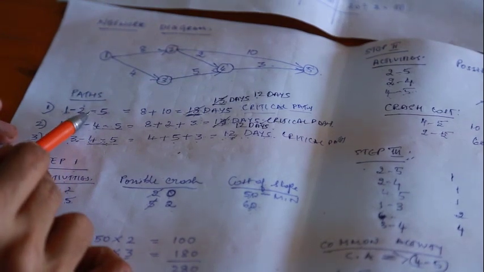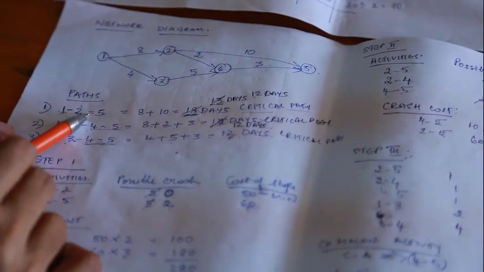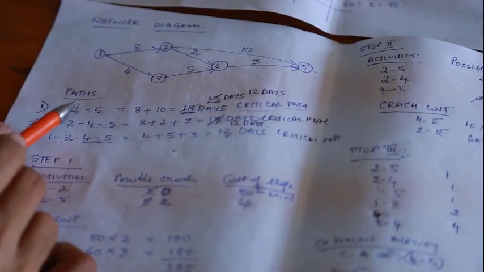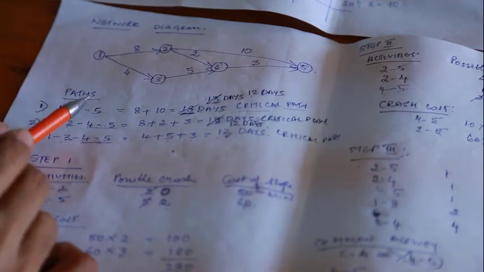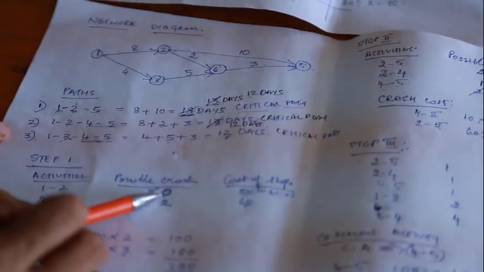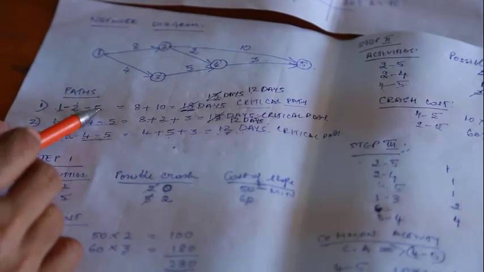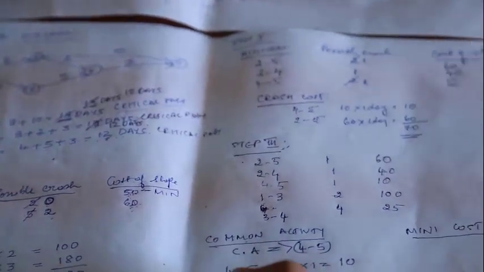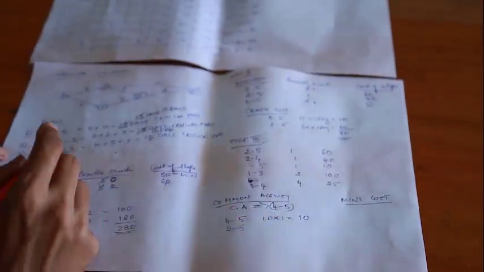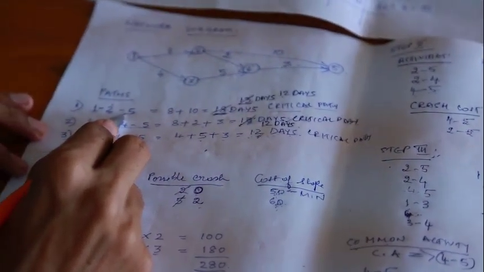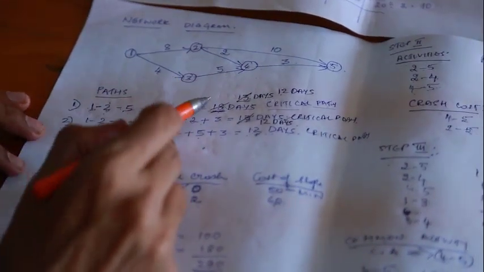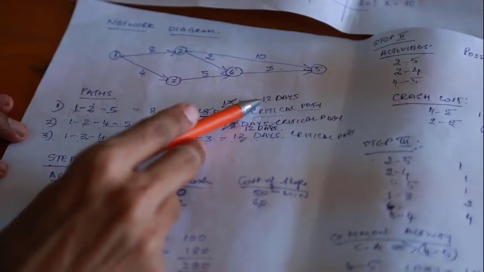The next path is the path number 1. Either it should be 1 to 2 or it should be 2 to 5. 1 to 2, it is 0. So next we'll have to move to 2 to 5. There is no common activity, but here also we'll have to reduce 1 day, we'll have to make it 11 days.